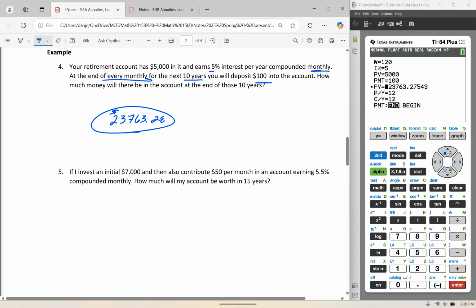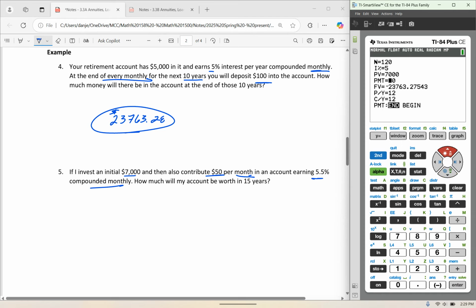If I invest an initial $7,000 into an account, and then I also contribute $50 per month into an account earning 5.5% interest compounded monthly. So again, notice my contributions are monthly, my interest is earned monthly, so my PY and my CY down here, they're both still 12.